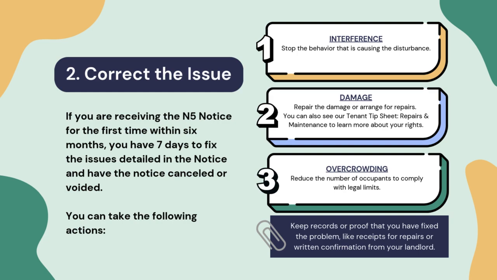For damage, repair the damage or arrange for repairs. Please see our repair and maintenance tip sheet or video to learn more about your rights. For overcrowding, reduce the number of occupants to comply with the legal limits. Keep records or proof that you have fixed the problem, like receipts for repairs or written confirmation from your landlord.